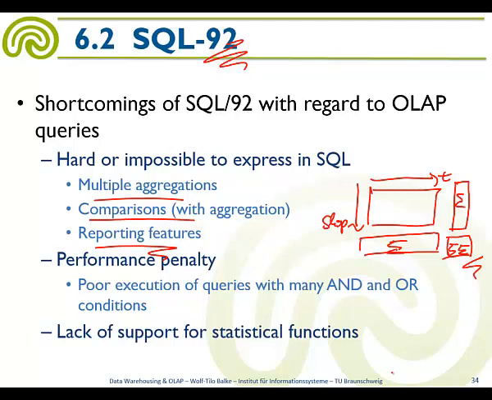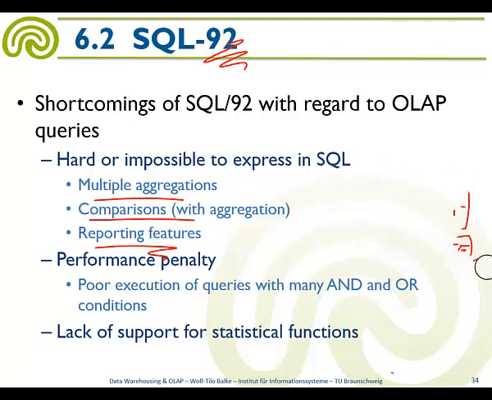So you really have a certain performance penalty, and the execution of long and difficult queries will be rather long-running because they cannot be optimized sufficiently, right? Finally, there's a lack of statistical functions. I just said, you know, like sum, count, average, and that's about it. Min, max, right? That's about what you have. You don't have any of the more complex functions.